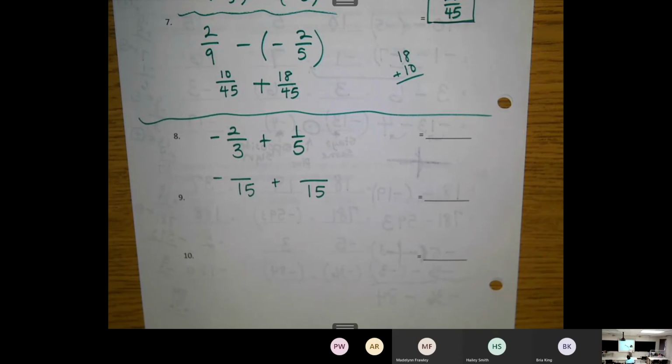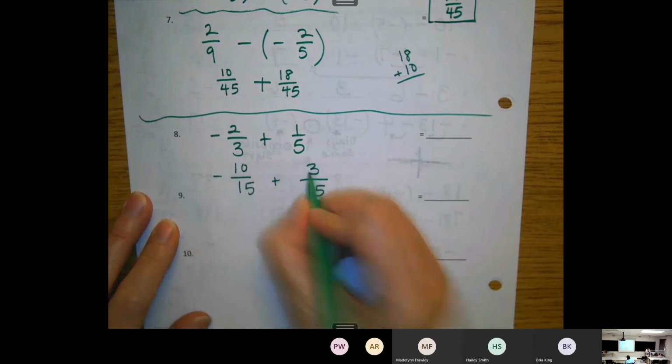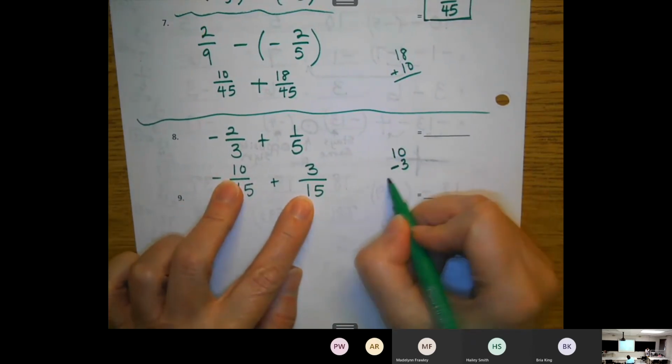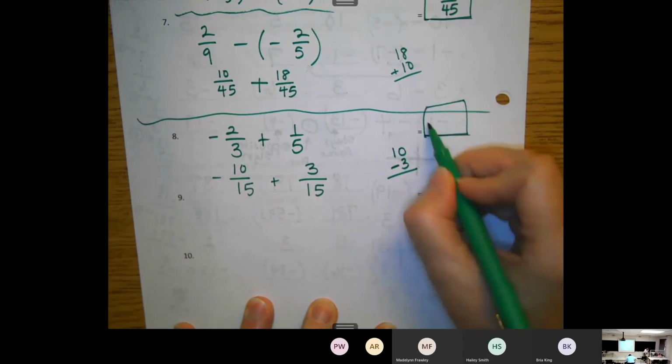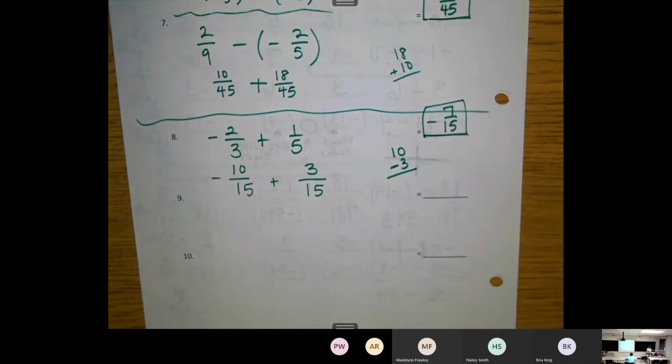Negative 10. Okay. And the second one would be plus 3. 10 here, 3 there. They've got opposite signs, so let's think about subtracting when we put together our final answer. Negative 7 over 15. Sounds great. That's great.